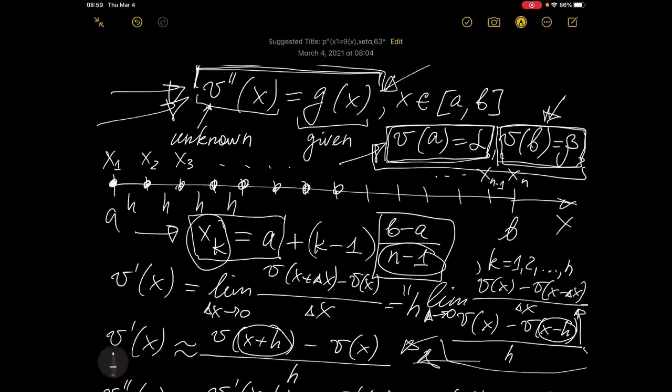So we were given this function g, which is usually just some function. In some cases, it can also be given as a function on a grid, but in many cases, it's just some analytic function, expressed in analytic form.